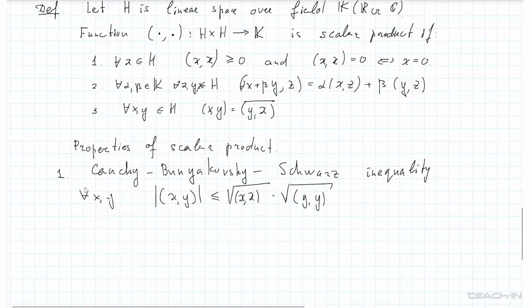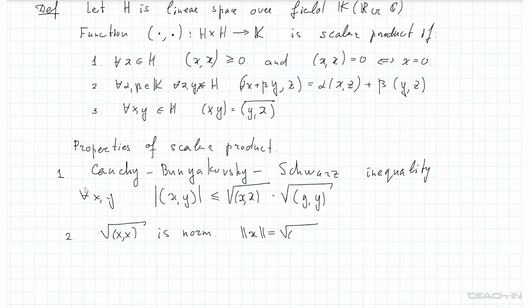Then from this Cauchy-Bunyakovsky-Schwarz inequality, we can prove that this object is a norm. So we define this object and name it the Euclidean norm. The Cauchy-Bunyakovsky inequality in terms of the norm looks shorter.